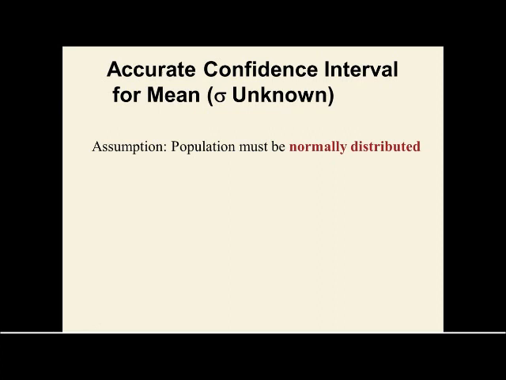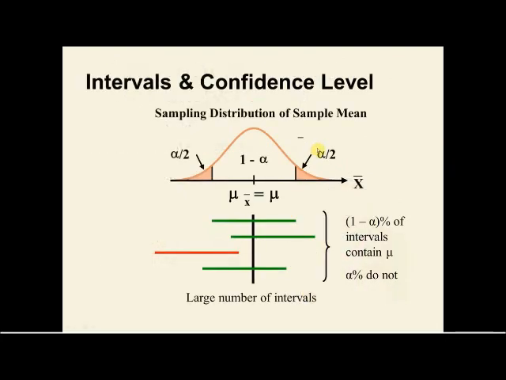It turns out that if we have enough sample points, this is not an issue. But if you only have a small number of sample points, this is. The reason why I want to assume it's normally distributed is that we want to be able to precisely calculate the probability that I'm in an interval or not in an interval. To calculate that probability, I have to know the distribution.